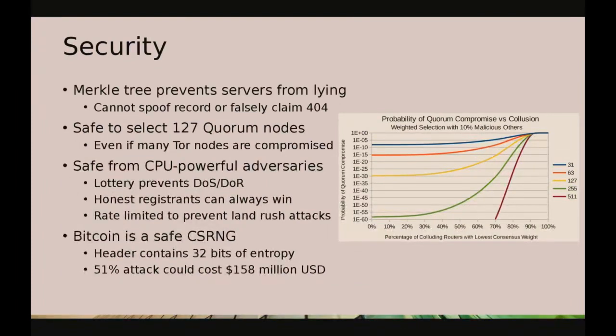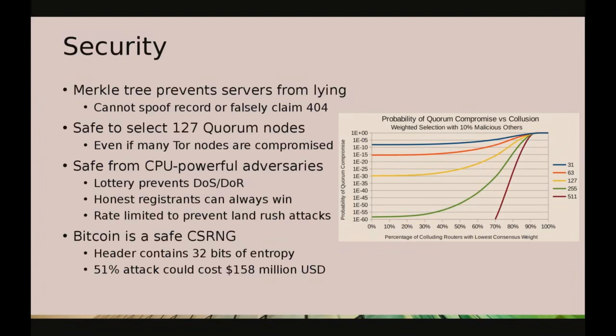So the security of the system, I did some extensive security analysis of different aspects of our system. The Merkle tree, as I mentioned, prevents the servers from lying, and they cannot spoof a record or claim that it does not exist. We've shown that even in the current distribution of consensus weight in the Tor network, it's still safe to choose 127 Tor nodes, and that our lottery system prevents CPU-powerful adversaries from completely taking over our system.